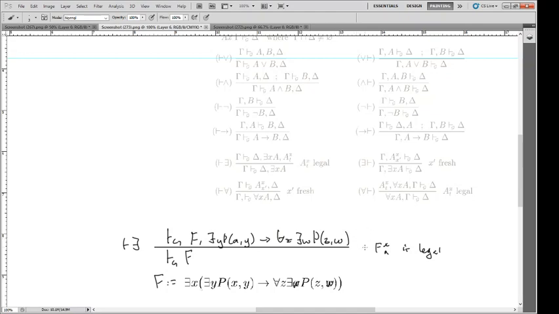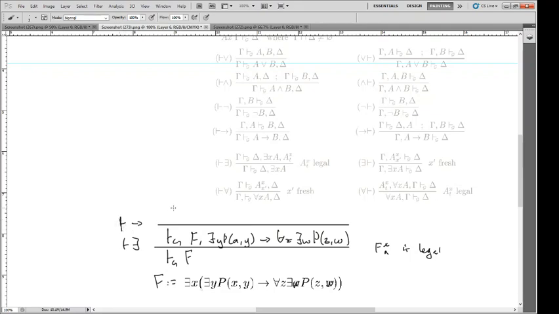Okay, so now we have gotten rid of this quantifier here, and we can get rid of the implication here by using the right implication rule. Our aim is, of course, to get rid of this for all quantifier here, because it will be on the right side, which means that we have to introduce a fresh variable again. So we're using the right implication rule.